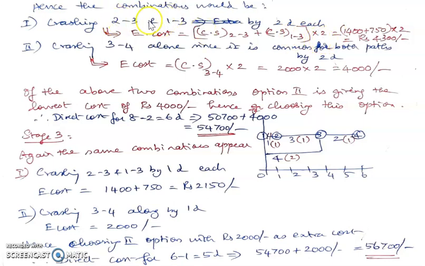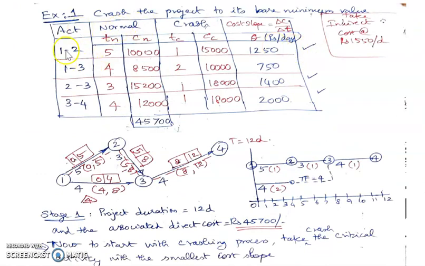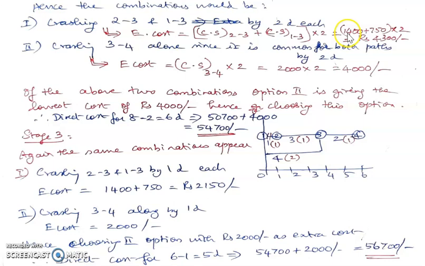From the previous data, 2, 3 was 1400, 1, 3 is 750, and 3, 4 is 3000. So using the data, I've got 1400 rupees as the cost slope of 2, 3 plus 750, multiplied by 2, which gives an increase in cost of 4300. So this is the first option.